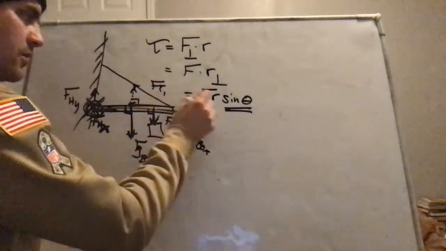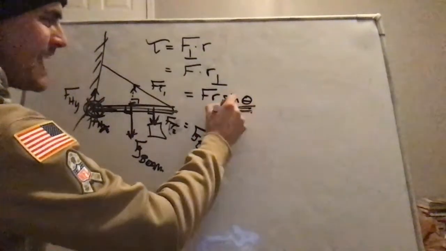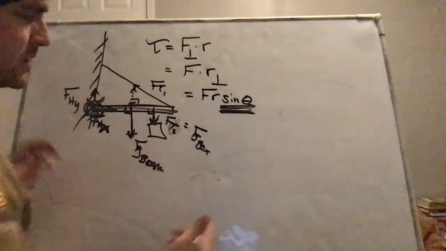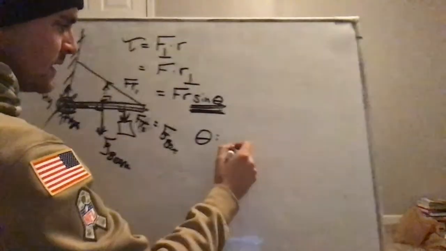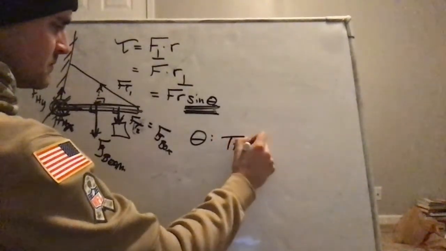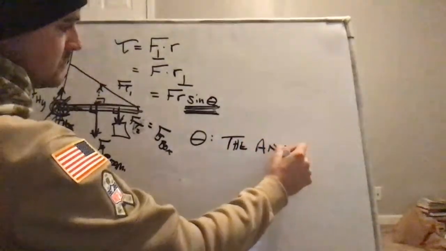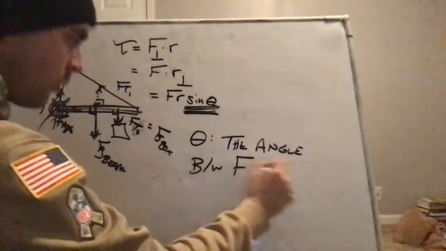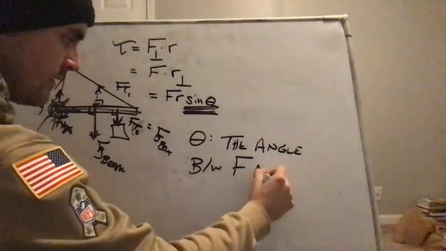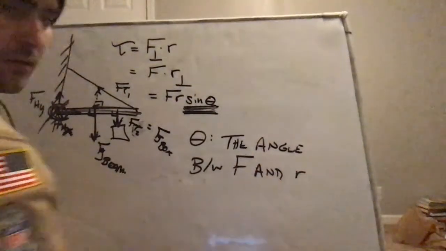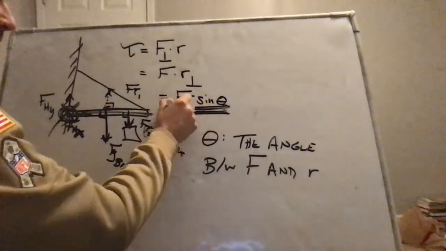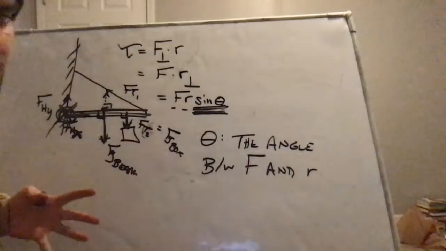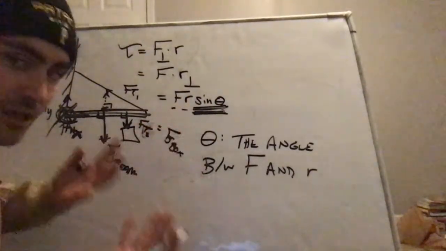It is the angle. This is what I tell my students. In order to use this equation when you've got a force that isn't perfectly perpendicular, theta is the angle between the force and the lever arm. It's force times the distance that force is acting from the axis of rotation, and then the angle between them.